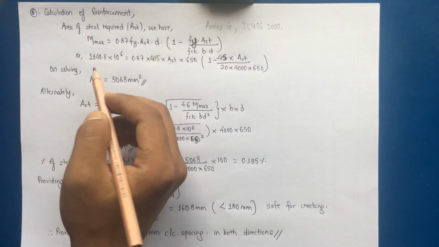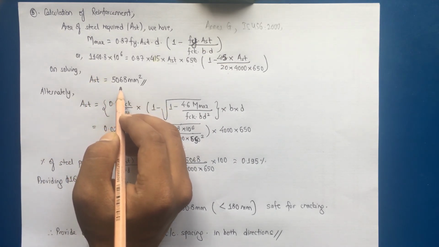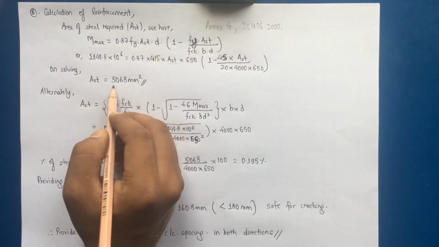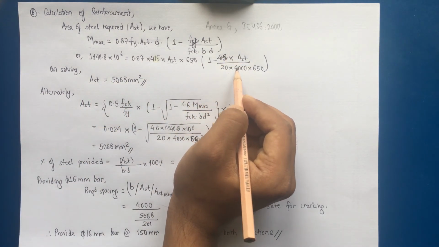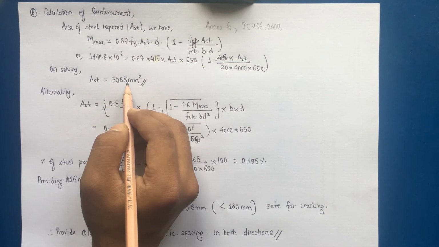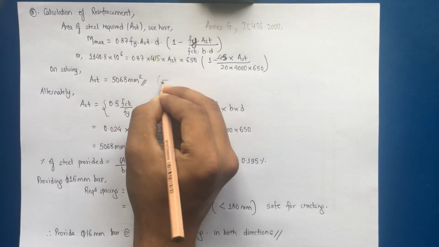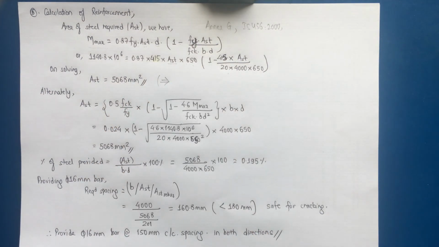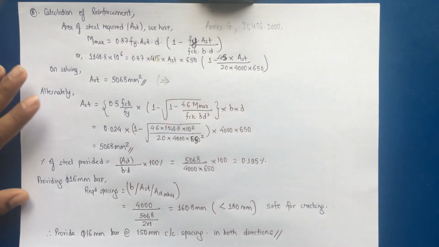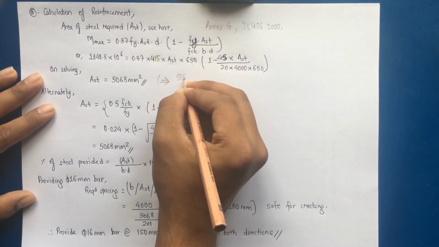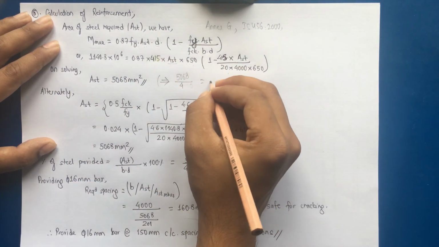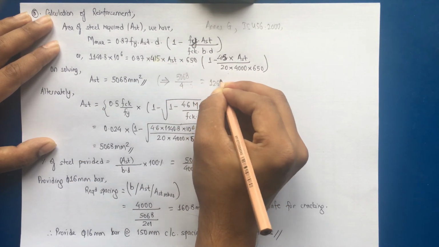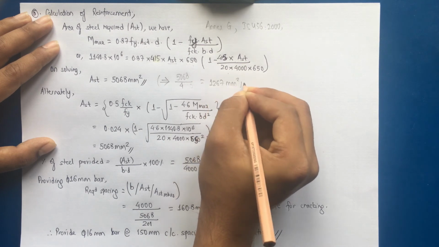On solving this, we'll get area of steel as 5068 mm square. So the area of steel to be provided along the width of 4000 is 5068 mm square. This can be represented as 5068 divided by 4, so this will come as 1267 mm square per meter.